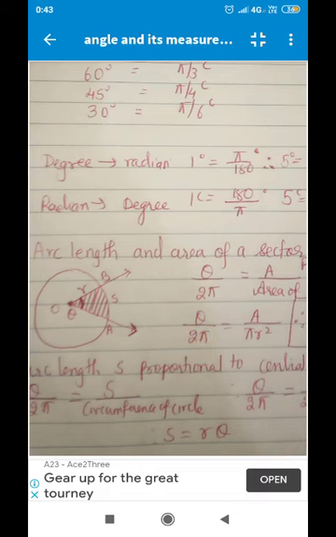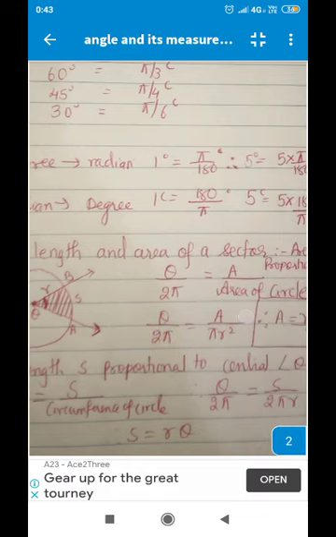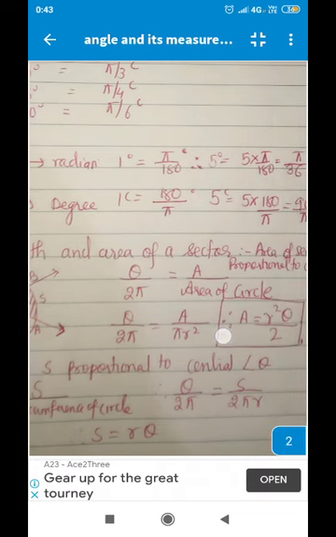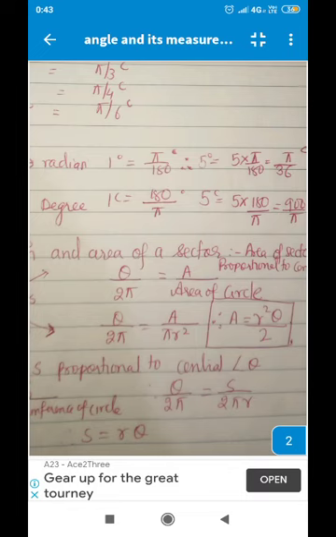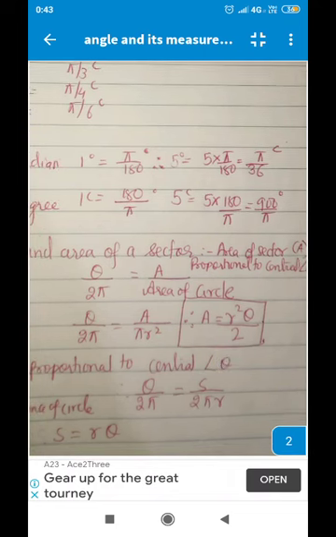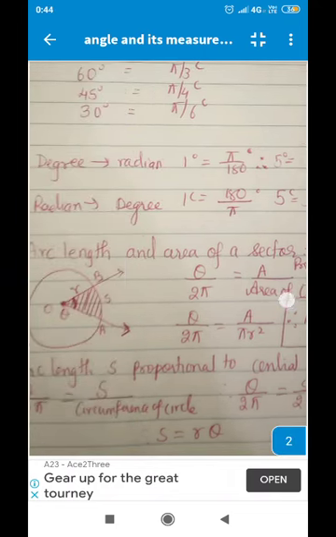So here theta upon 2 pi equals A upon the area of the circle. Now the area of a circle formula is pi r square. So theta upon 2 pi equals A upon pi r square. Here the common terms get cancelled, and thus we get the formula: area of sector equals r square theta upon 2.